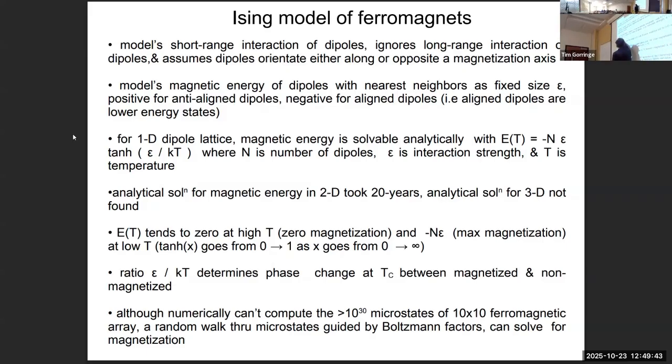So a hyperbolic tangent function is an interesting function. In the limit that the argument goes to zero, that's the limit where the magnetic energy will be much smaller than kT. That leads to the argument approaching zero, and then the hyperbolic tangent is zero also. And in that case, you would have no magnetic energy.